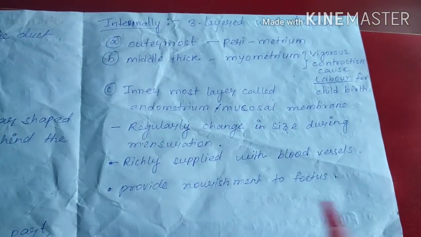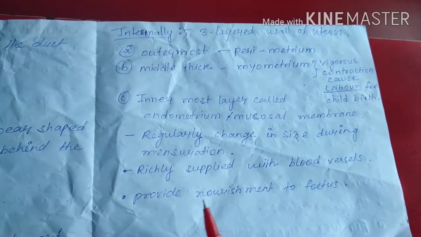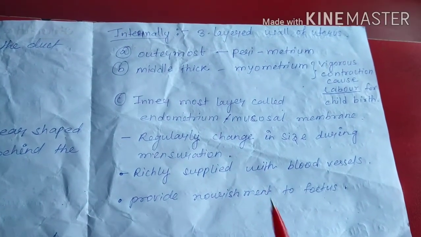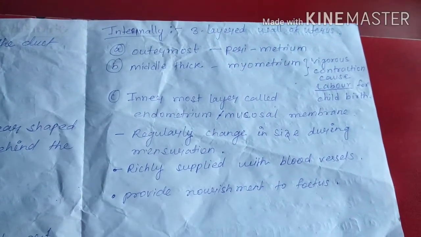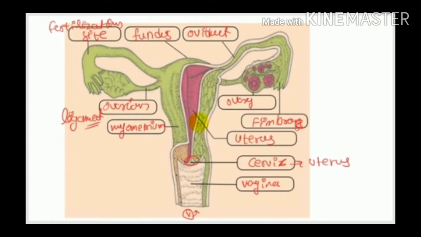So students, we will understand this topic through this diagram. Through this diagram, you can understand it very nicely. All the names of the reproductive parts are given, that is ovary, oviduct, fundus, etc.